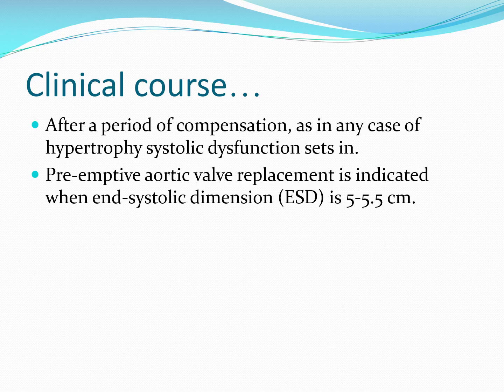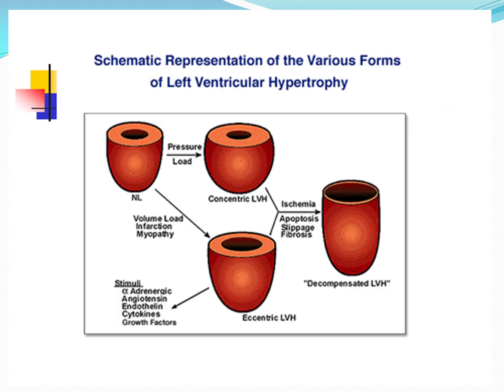So in systole, of course, the ventricle becomes smaller. The number that we have to remember is that when the end systolic diameter is around 5 centimeters, then the patient starts developing risks of heart failure. So we have to operate before the patient reaches this level of 5 centimeters.